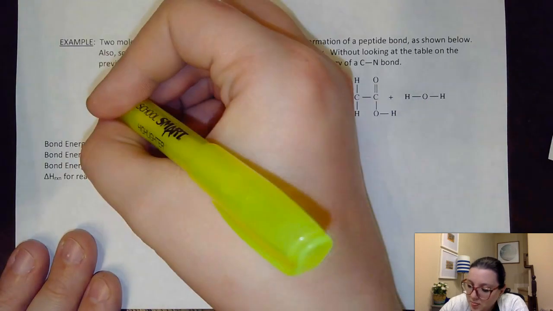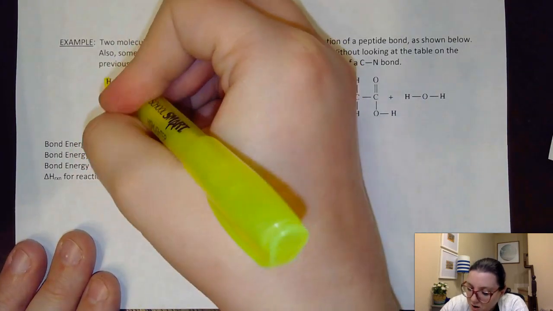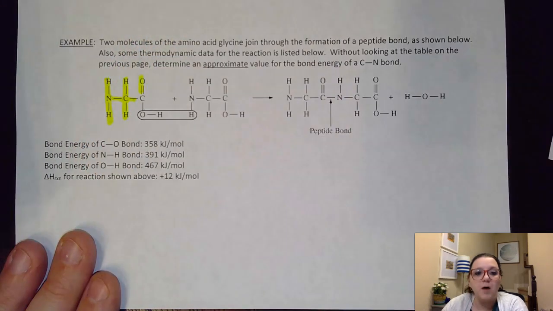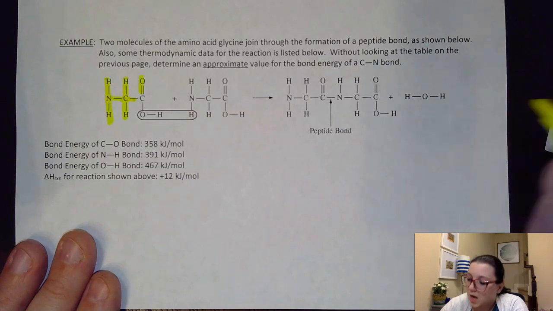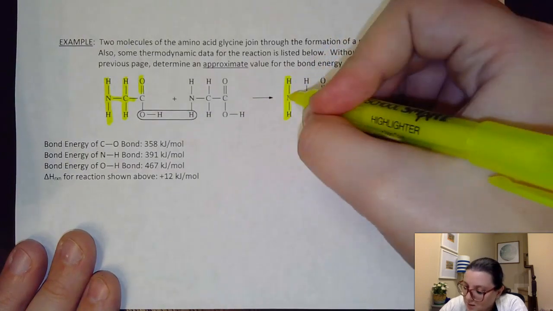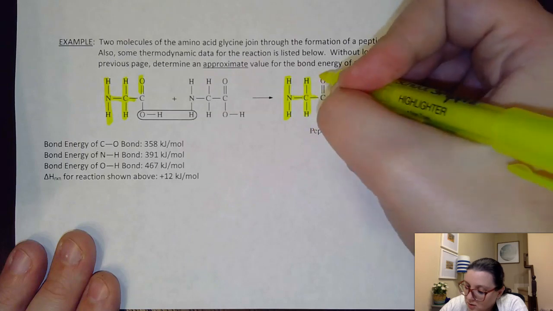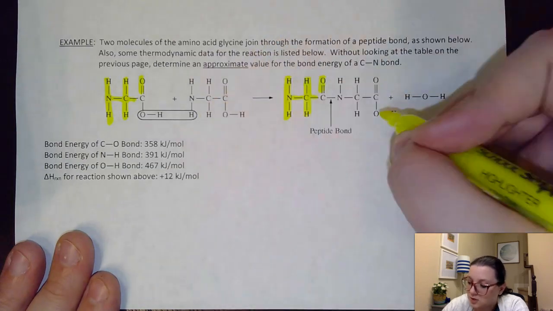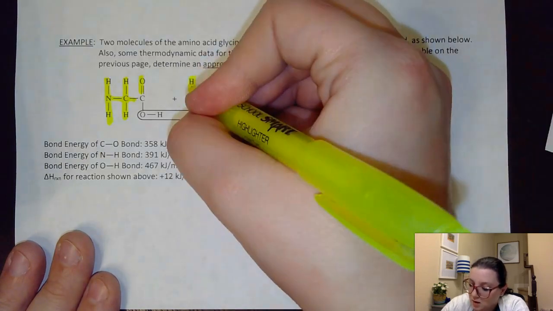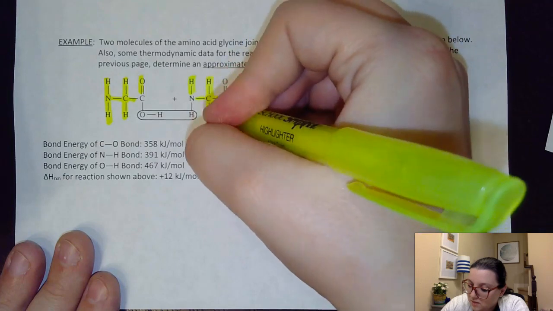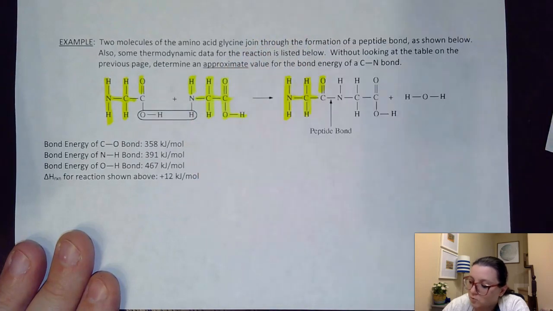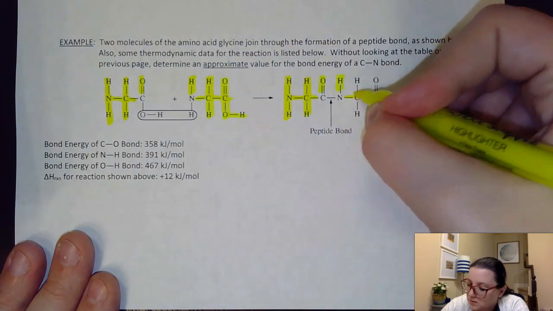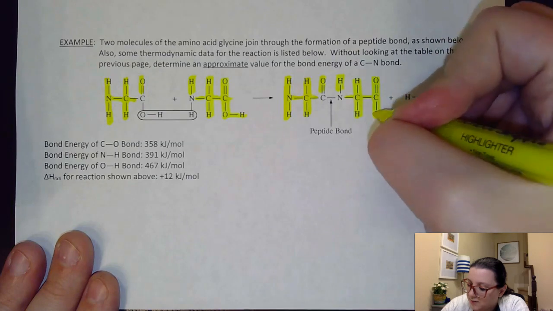Look at this part of my structure here. I see that same exact part of the structure on this side. I also see that there's quite a bit of this structure that remained intact.